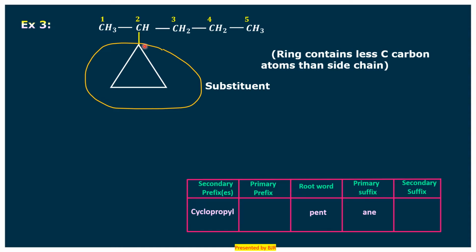The name of this organic compound is 2-cyclopropylpentane. Cyclopropyl group is attached to the second carbon atom in this parent chain. For that reason, it is 2-cyclopropylpentane.